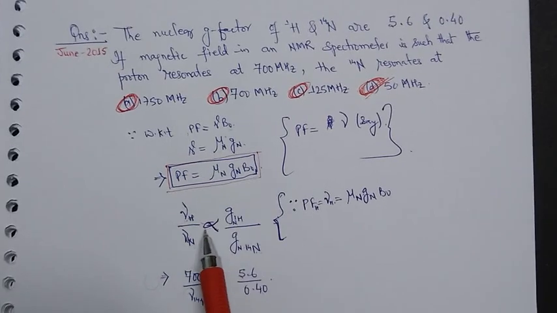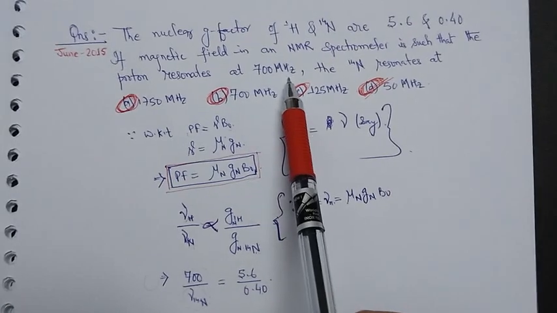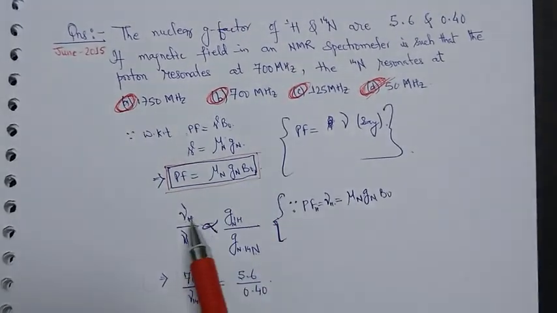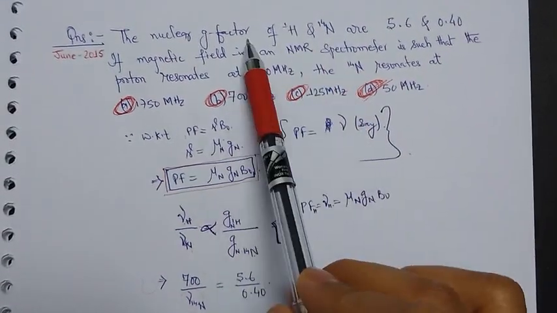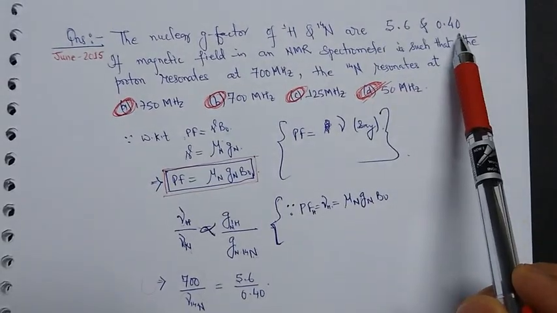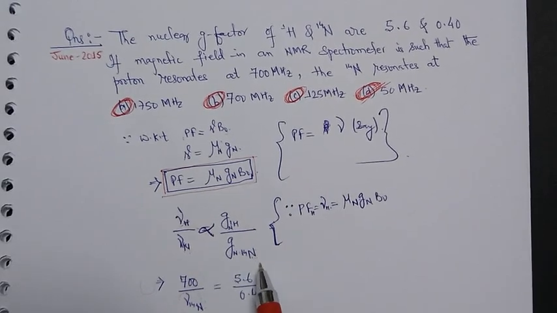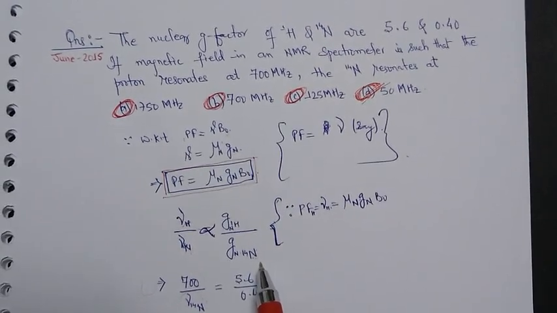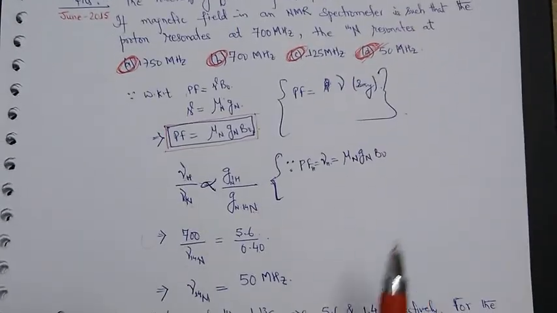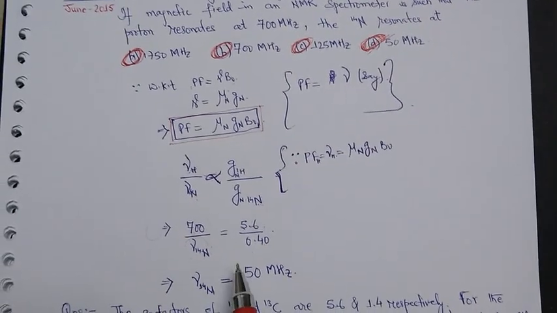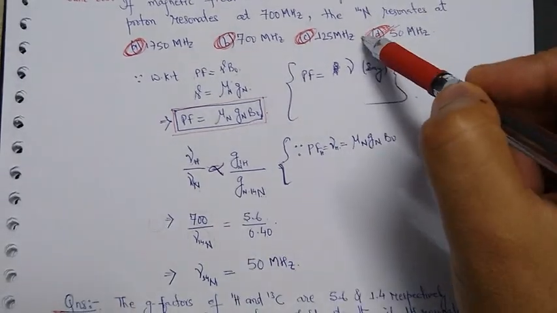Now using the values given in the question, as the proton resonates at 700 MHz, we can put that value as 700 MHz, and the G factors of 1H and 14N are 5.6 and 0.40. We put the nuclear G factor for proton as 5.6 and for 14N as 0.40. So using all these values, we get the resonating frequency for 14N as 50 MHz, which is given in option D.